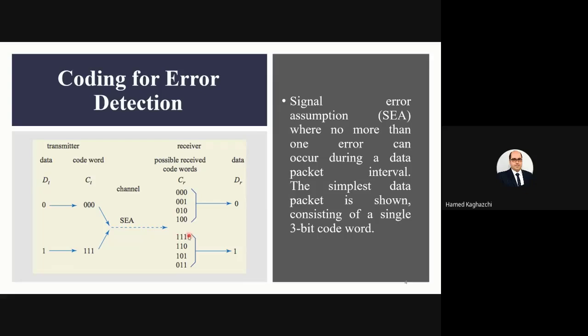Here in 111, I don't have any error. In the source, I have 111 and send it and receive 111. It means that I don't have any error. But here, 111 changed to 110, and because the majority of these 3 bits is 1, I consider these bits as 1.